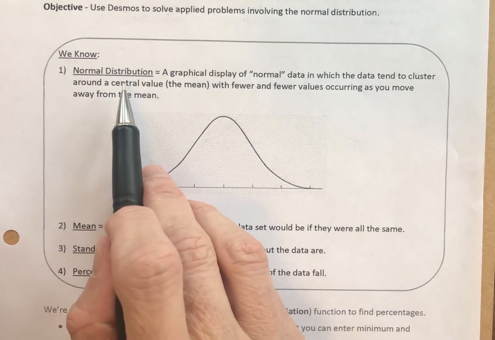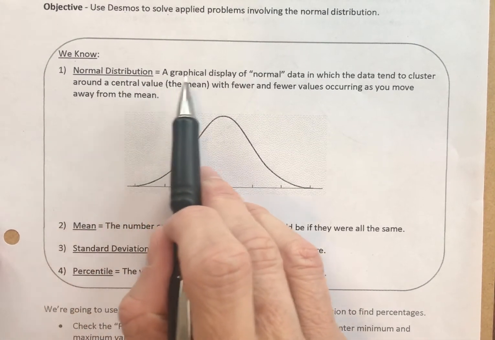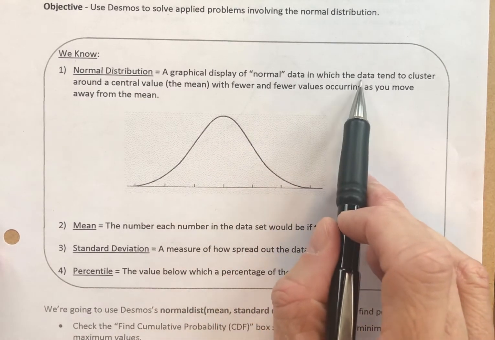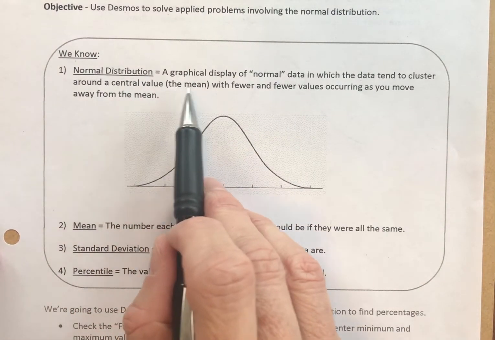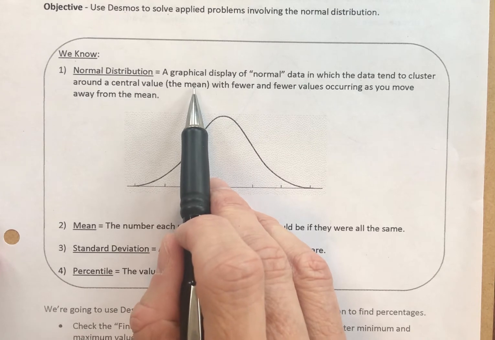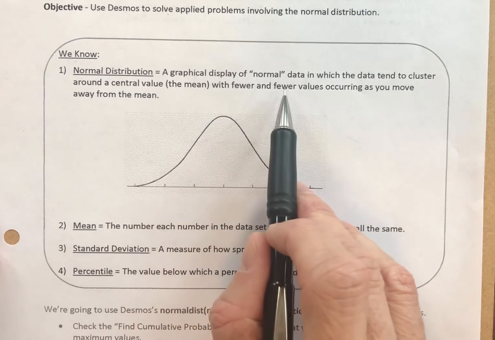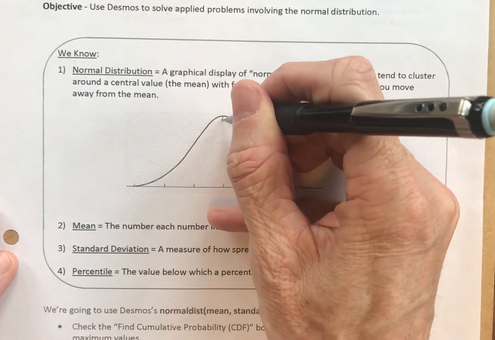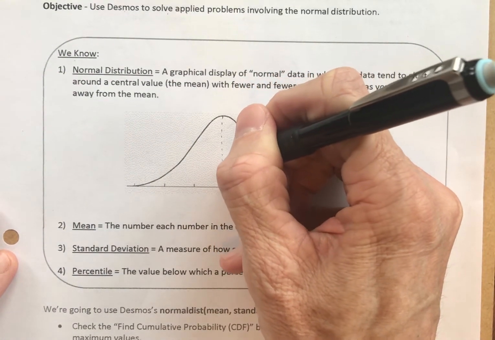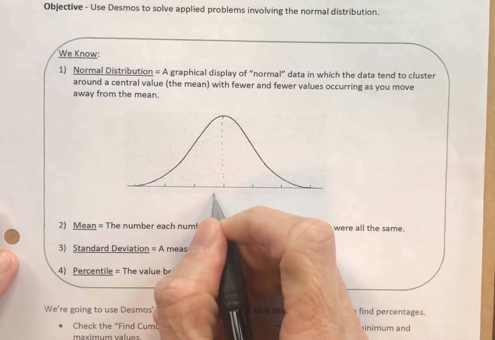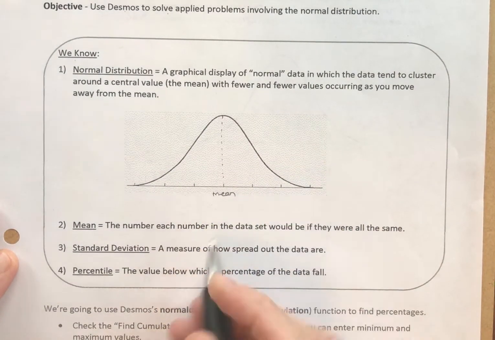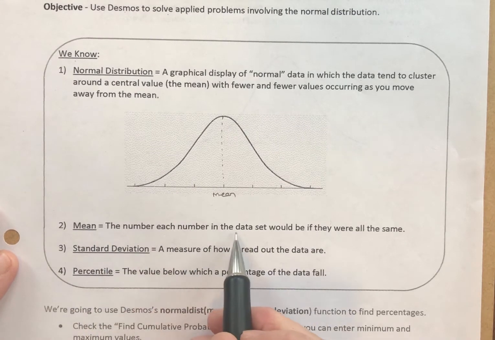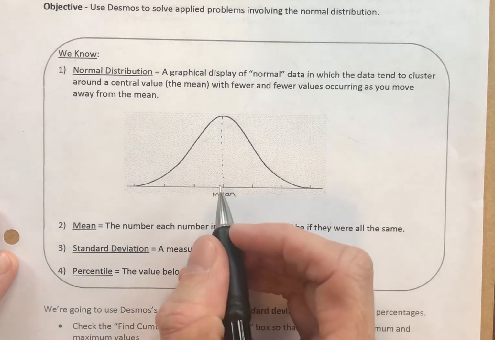Well, we know what the normal distribution is, a graphical display of normal data in which the data tend to cluster around a central value called the mean, with fewer and fewer values occurring as you move away from the mean. So here is our mean, which of course is defined as the number each number in the data set would be if they were all the same.